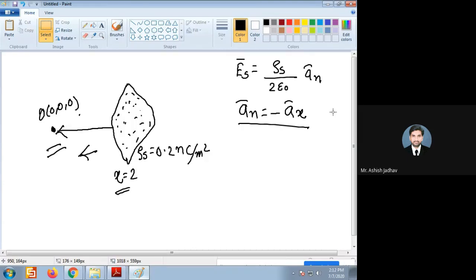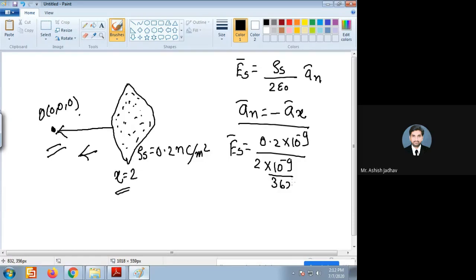Now you can put the values into this expression. E bar s is equal to, what is the value of rho s? Rho s is 0.2 into 10 raised to minus 9, upon 2 into 10 raised to minus 9 upon 36 pi.